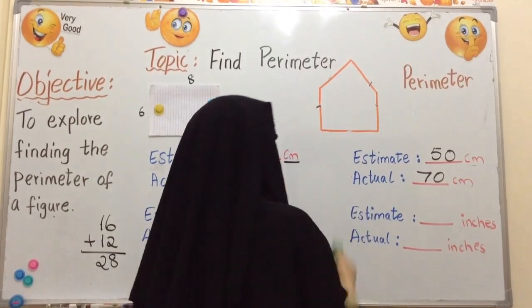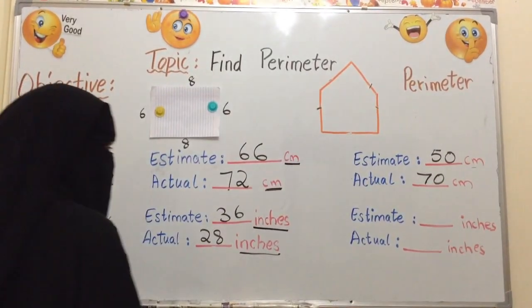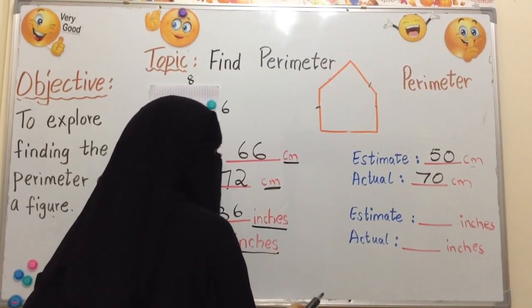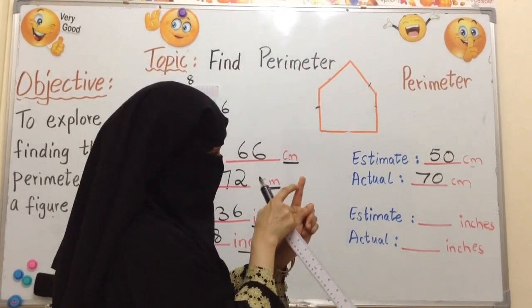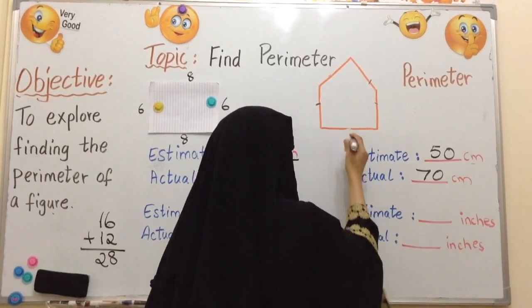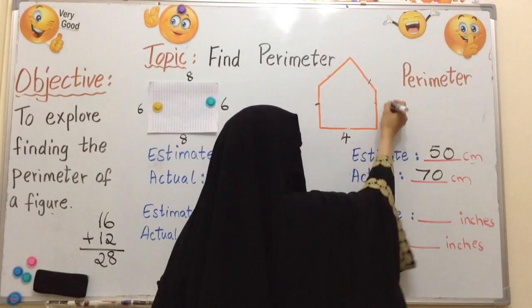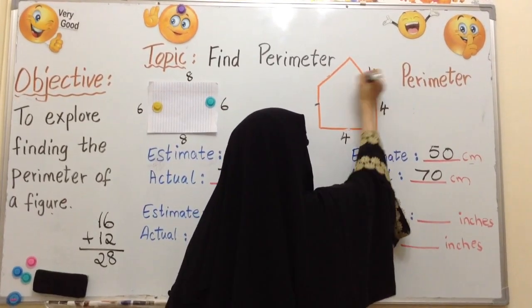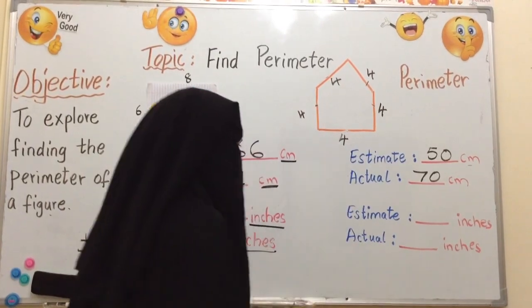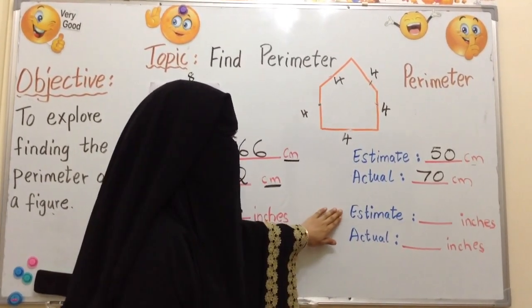Now let us do for the inches. Okay. Now when I am doing inches, remember it is the longer one. So I am not going to take this maybe as 4 inch, 4 inch, 4 inch, 4 inch, 4 inch. Remember, estimation is not the real answer.